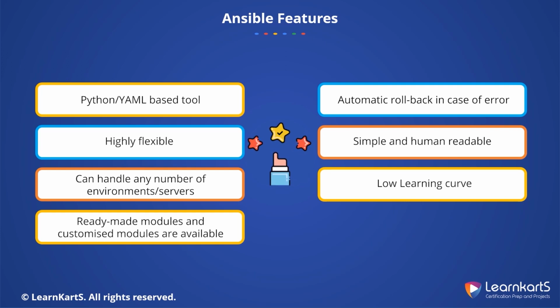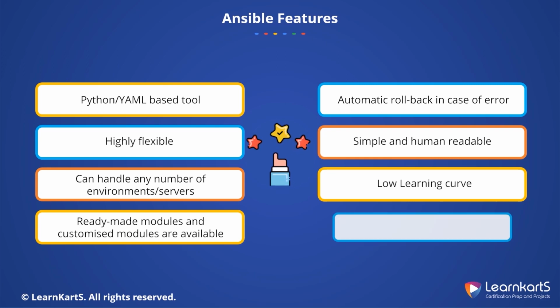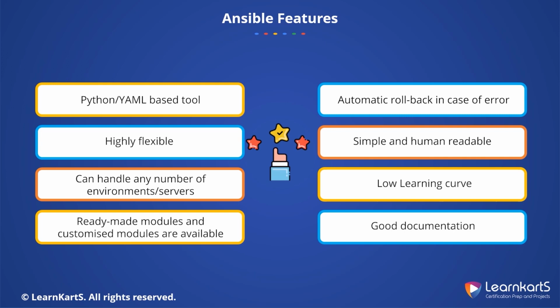That's the main benefit. And the best part about Ansible is that it has one of the best documentation. Almost every module on the documentation you can use without any issues. You can just go with the examples. Even if you're new to Ansible, it's very easy to get help from the documentation page.